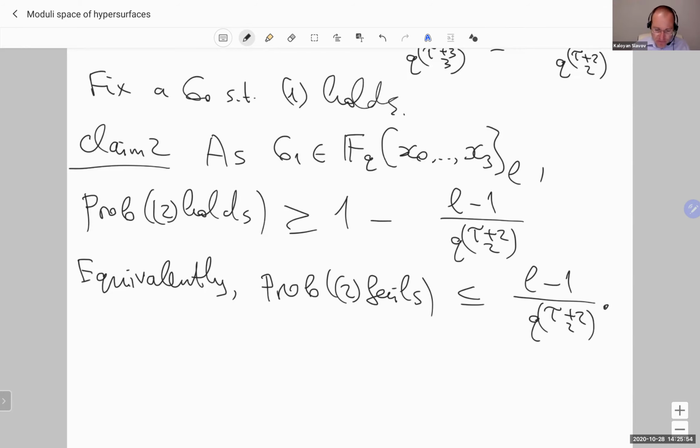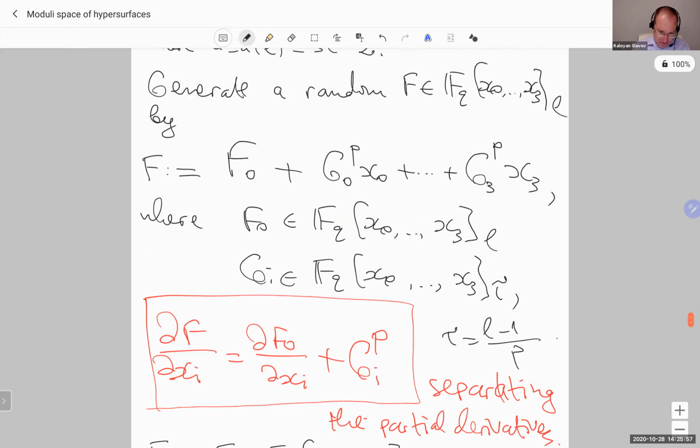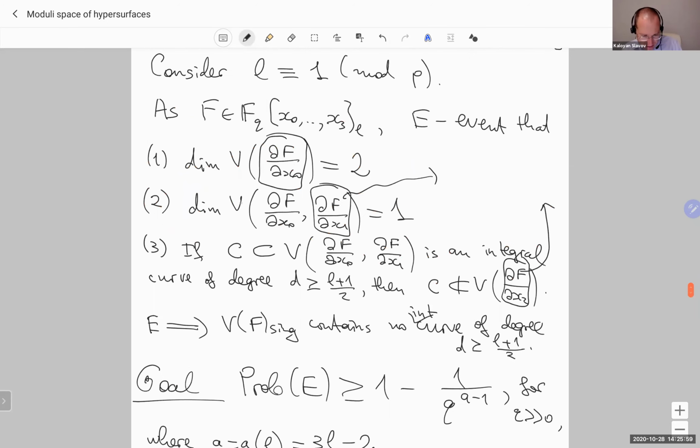Okay, how does 2 fail? Let's go back, remind ourselves what 2 is. 2 says that the vanishing of this variety is one-dimensional. If these were 2 random generic polynomials that you plug in, you should get something one-dimensional. But here we have to be careful. They both depend on f. The df/dx0 is already determined because g0 is already fixed, and df/dx0 depends only on f0 and g0.